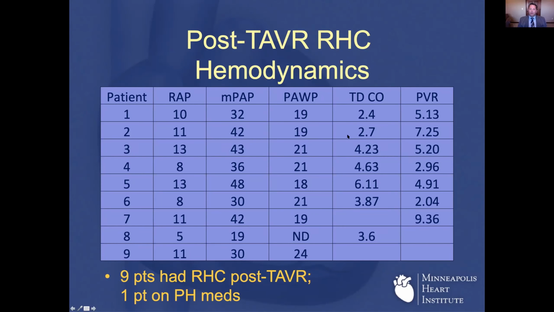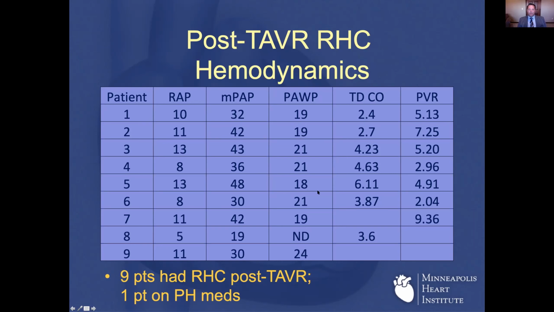There are several patients who had elevated PVRs, such as patient number 2, whose PVR was 7.25 Wood units. But when we look at the hemodynamics, this would be classified as a pre and post capillary combined pulmonary hypertension with an elevated wedge of 19.